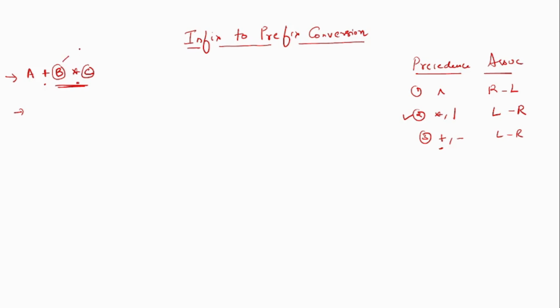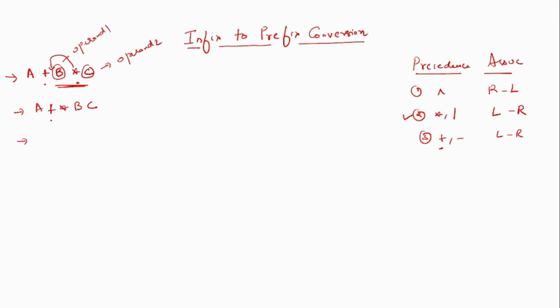Where B is operand 1 and C is operand 2, we put multiplication before operand 1. So I'll say here A plus star B C, correct? So this multiplication has been evaluated.